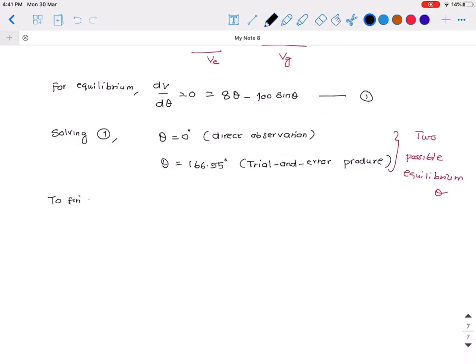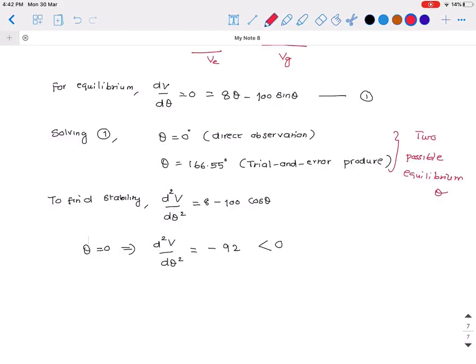Now to find the stability of equilibrium positions, we compute the second derivative of potential energy, which will be 8 minus 100 cosine theta. When theta is 0, d square V by d theta square will be minus 92, which is less than 0. So this is an unstable equilibrium.